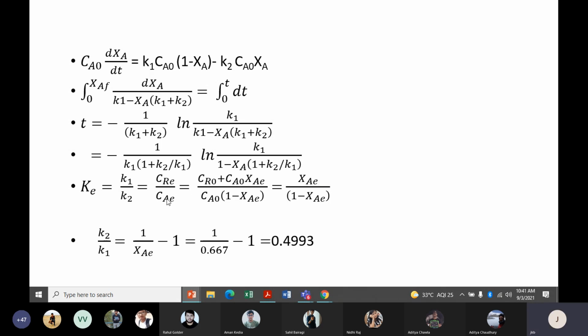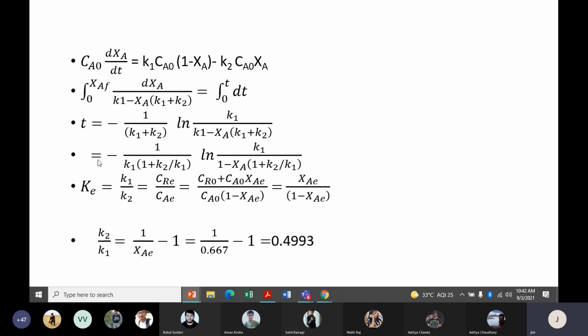Substituting CRE and CAE: at equilibrium, CRE is given by CR0 plus CA0 XAE, and CAE is CA0 (1 minus XAE). So Ke is related to XAE by this equation. Then what is k2 by k1? This is 1 by Ke, which is equal to this, and 0.4993.